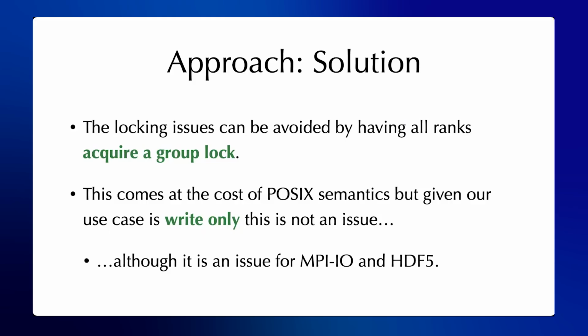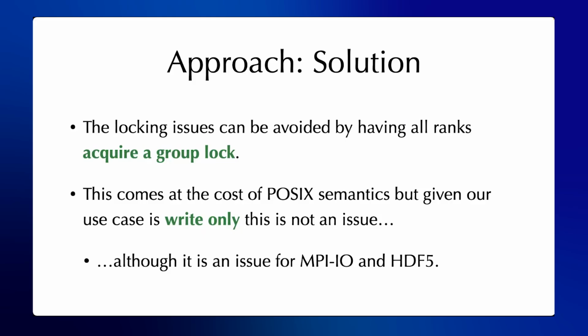So Lustre lets you take out something called a group lock, which is when a bunch of ranks say, yeah, we're in cahoots with each other. We know what we're doing. Don't bother with any of this locking rubbish. Leave us alone. And Lustre, with that, will oblige, and there'll be no locking problems. We can do this because I know exactly what I'm going to be writing.